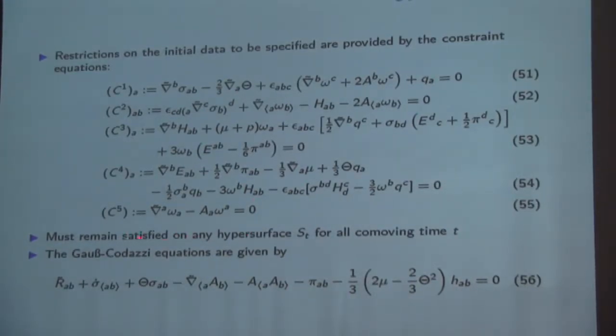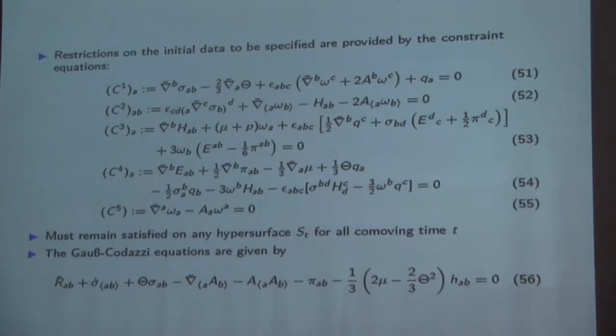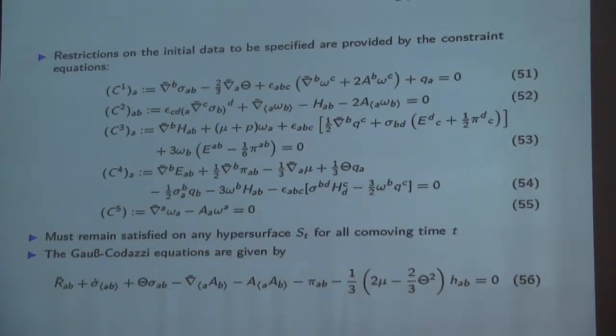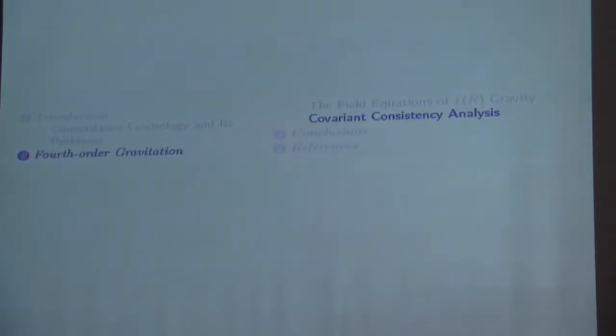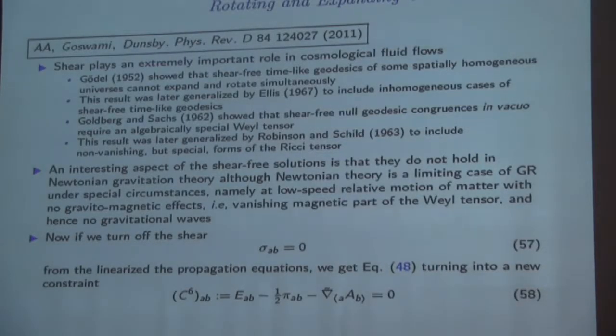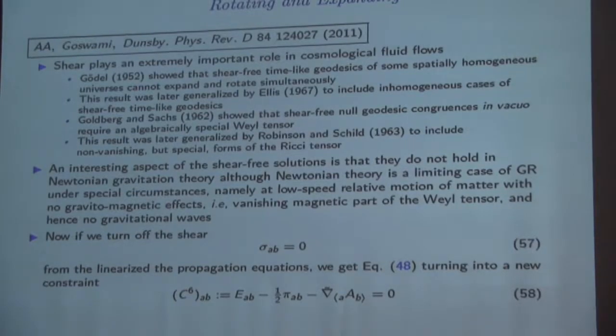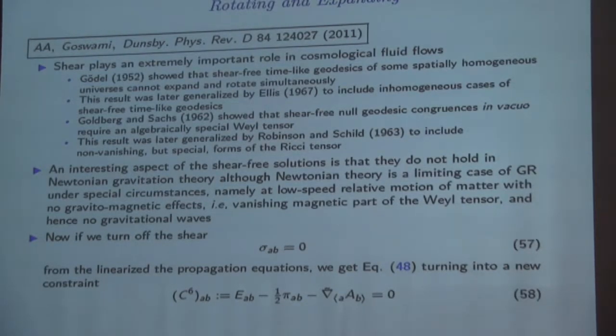We have this also Gauss-Codazzi equation that we will be looking at some point that I thought is worth mentioning here. So in terms of the covariant consistency analysis, we're going to look at different theoretical models, obviously, that are interesting to look at.